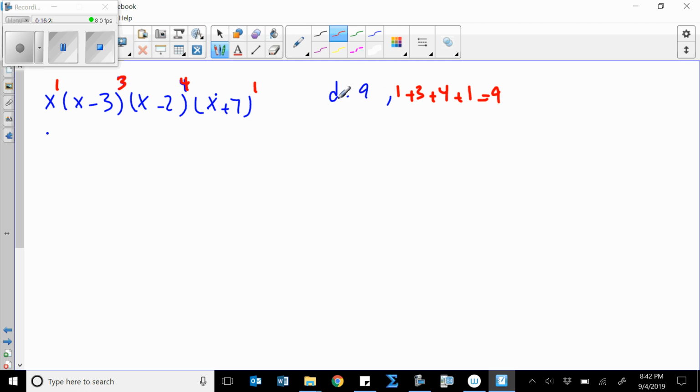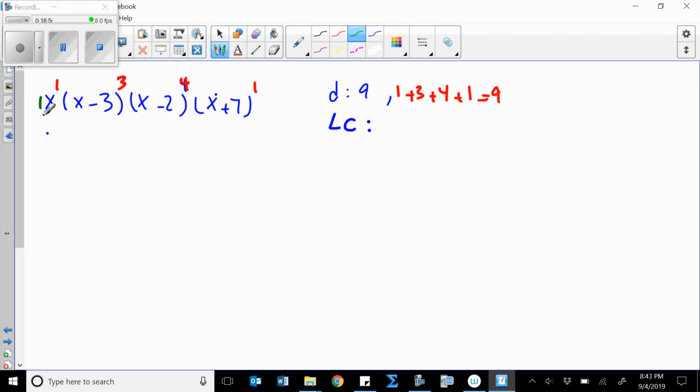So once again, keep in mind, if your polynomial is in factored form, you just take the exponents of all the factors and add them together. Then we need to find the leading coefficient. If your polynomial is in factored form, you find the leading coefficient by taking the leading coefficient of each factor.